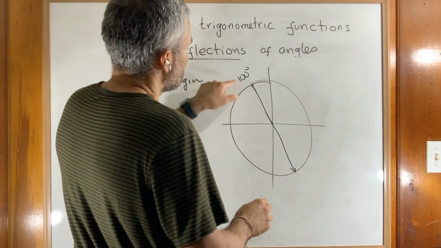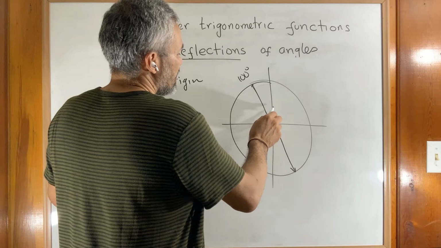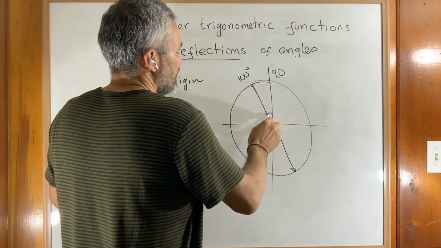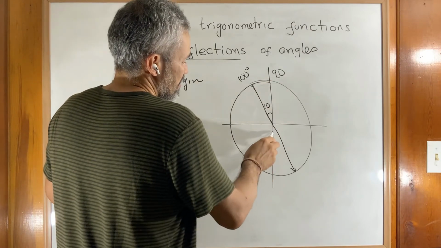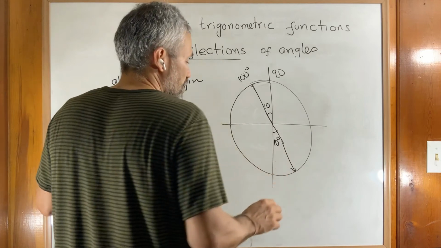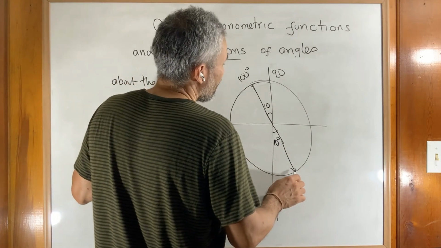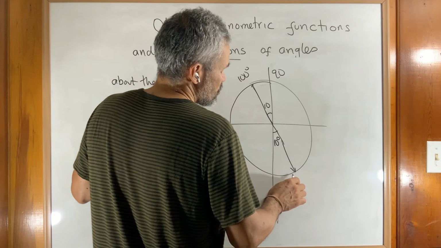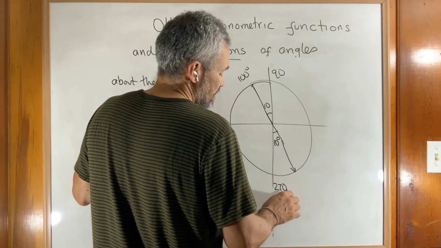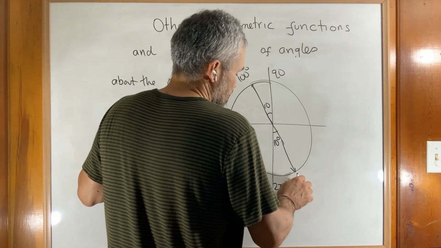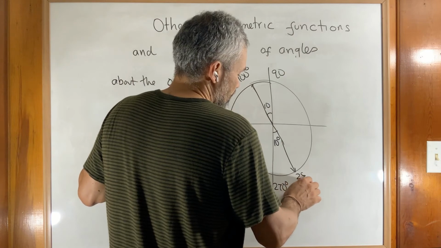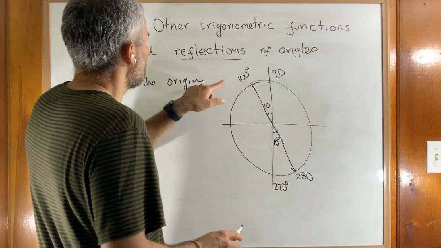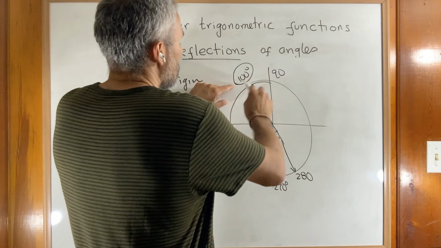If this is 100 degrees, that means that this is 90, then this is 10 degrees, and that means that this is 10 degrees. And therefore this angle should be, this is 270 degrees, and this is 280 degrees.